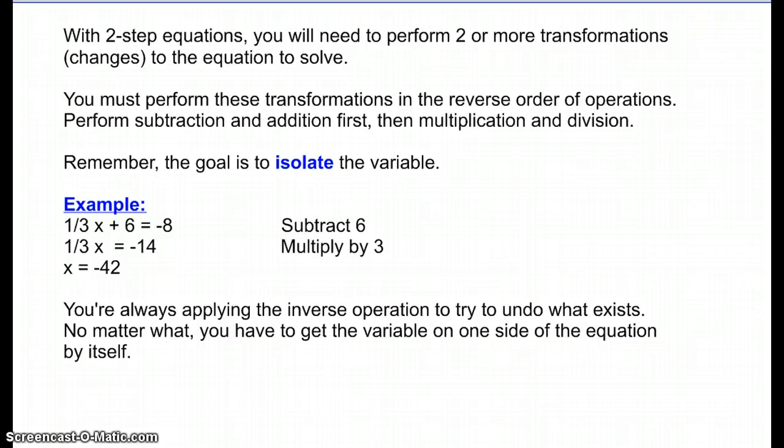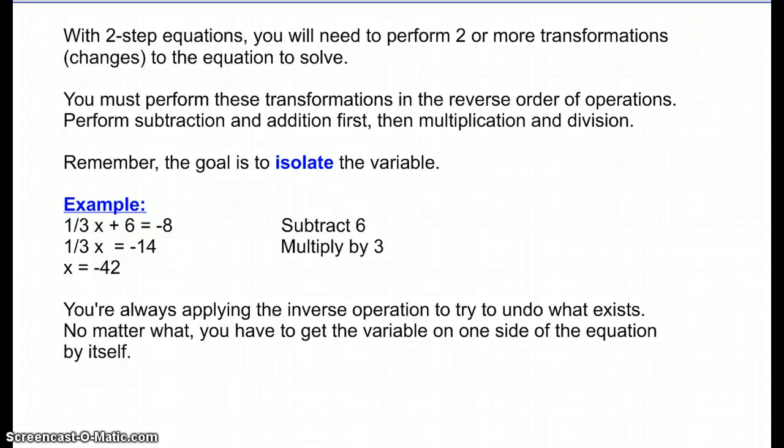Remember, division and multiplication are inverse properties. So to get rid of the 1/3, we're going to multiply both sides by 3. You can see by multiplying 1/3 by 3, that will become 1, and we'll have the x by itself, which is what we're going to try to do. But you have to do that on both sides of the equation.